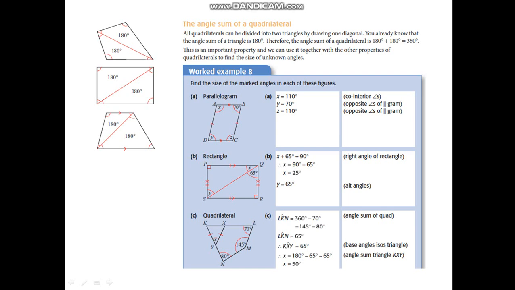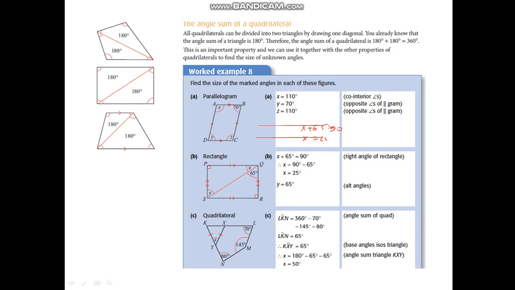And the next exercise, rectangle. What about a rectangle? Rectangle also has two sides equal to each other, these sides also equal to each other and parallel, and each angle is 90 degrees. From here we need x and y. So how can I find x? It's right angled, so x plus 65 must be 90, right angled.